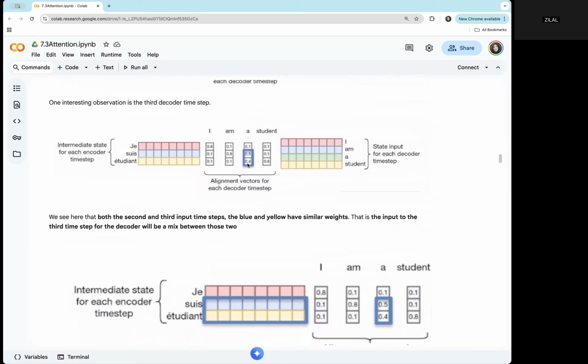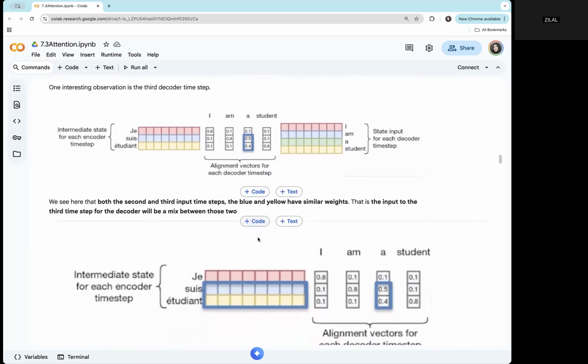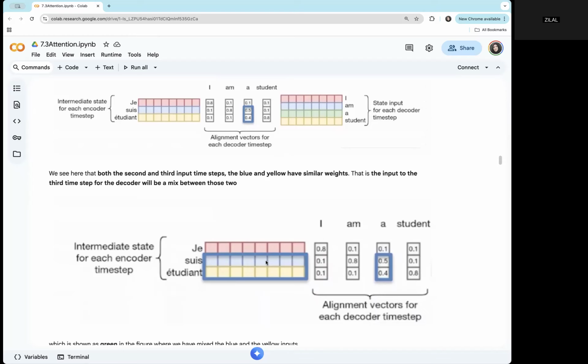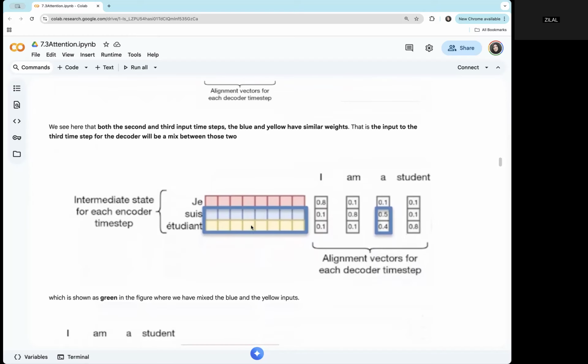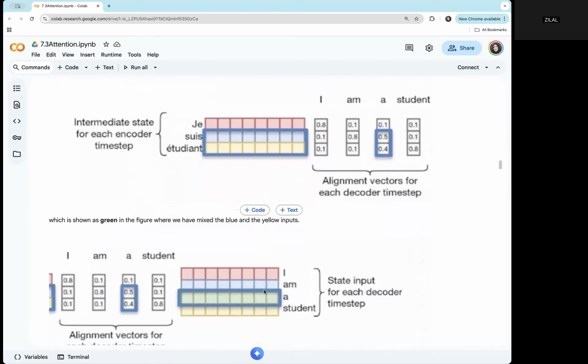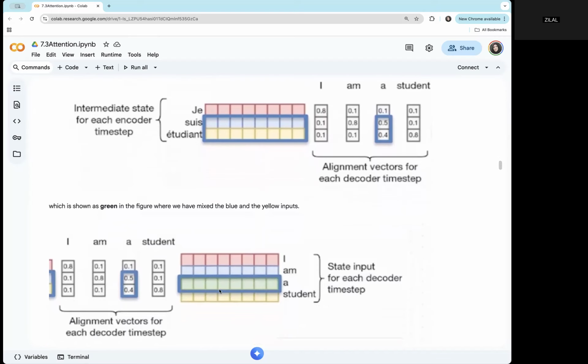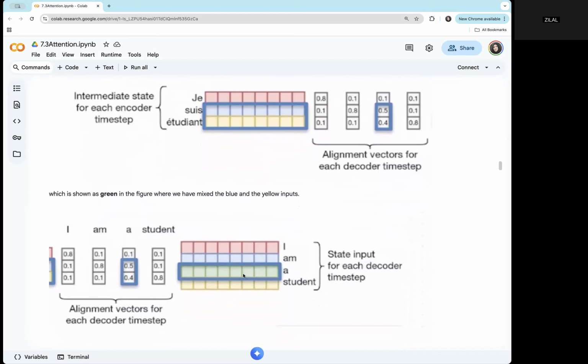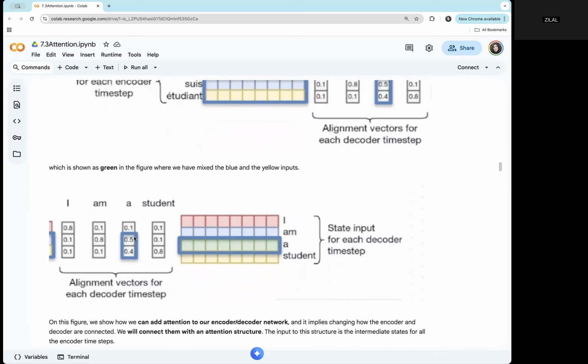That is, the input to the third time step for the decoder will be a mix between those two, which is shown in green. So we have mixed the blue and the yellow inputs because they have similar weights.